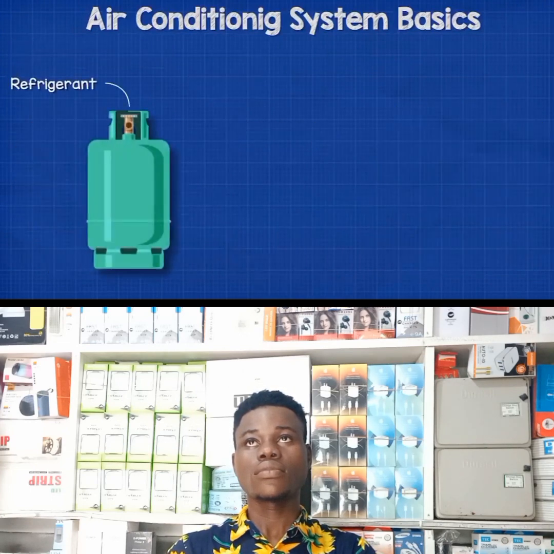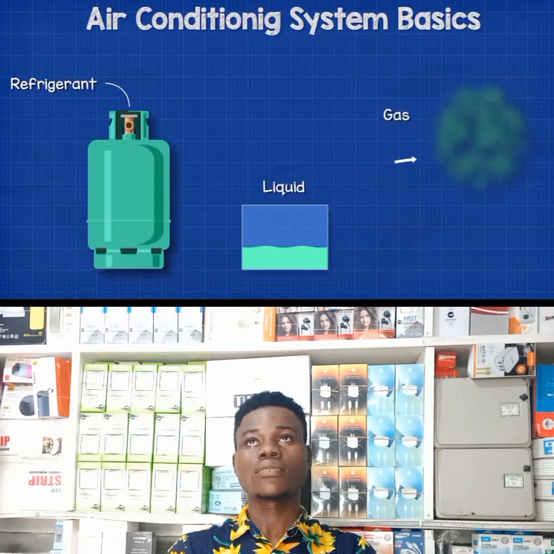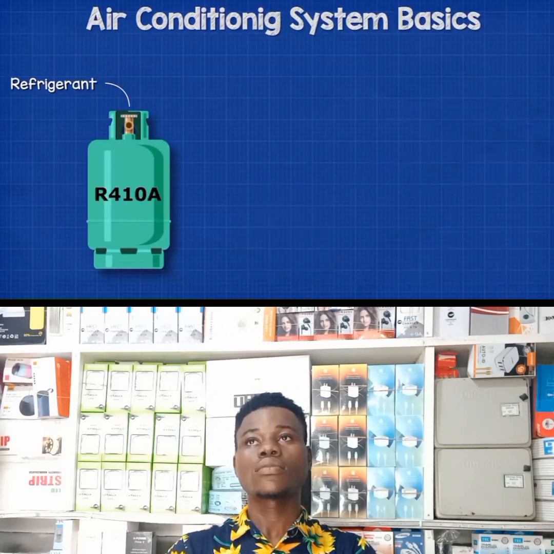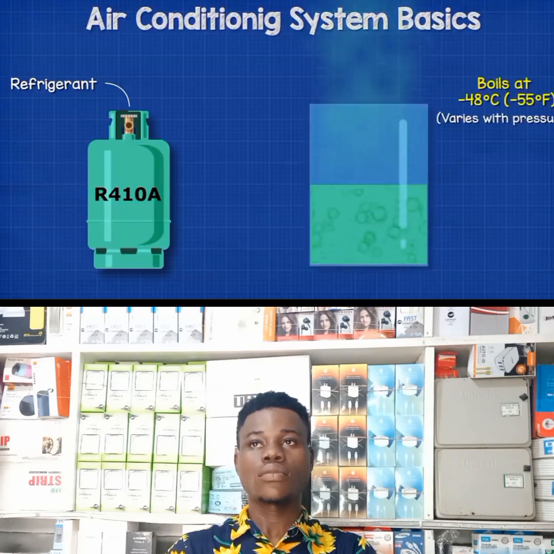The refrigerant is a specially designed fluid which can change between being a liquid and a gas very easily. And that's because it has a very low boiling point. For example, refrigerant R410A will boil at negative 48 degrees Celsius, or negative 55 degrees Fahrenheit, although this will change with pressure.